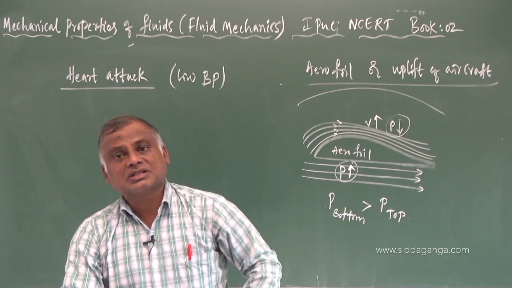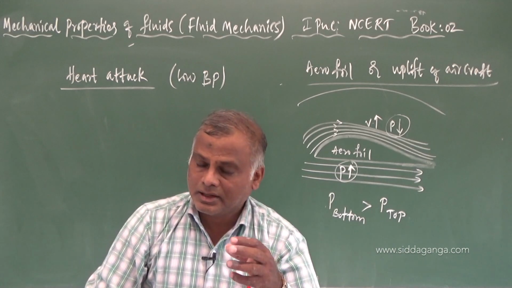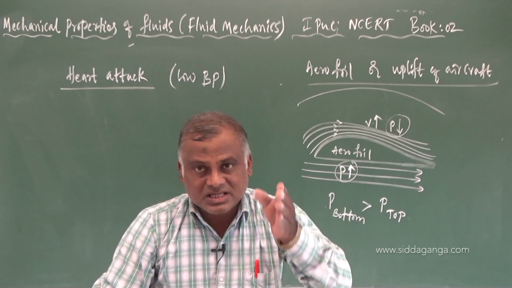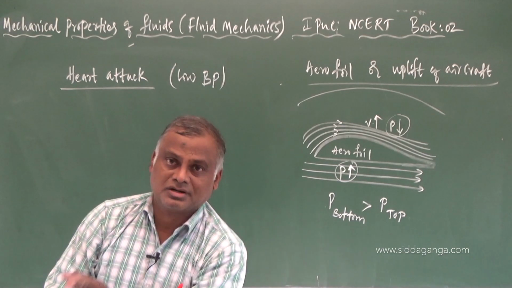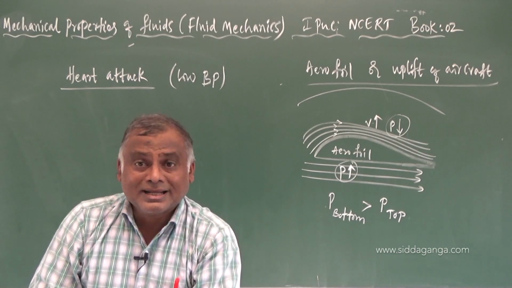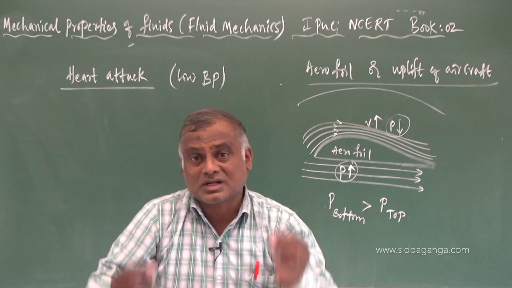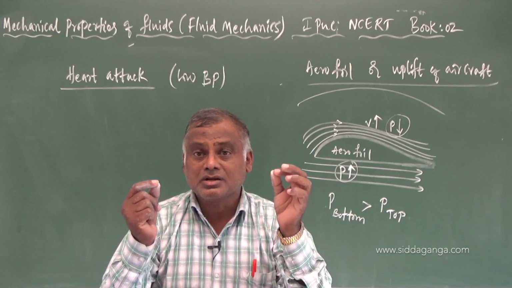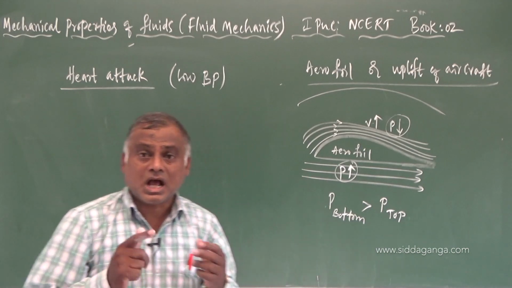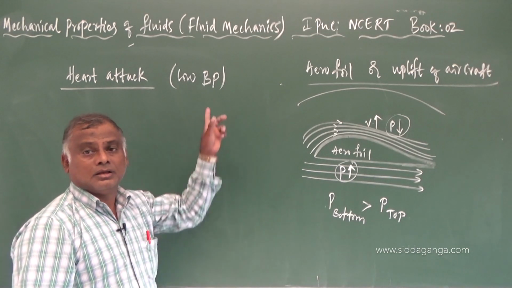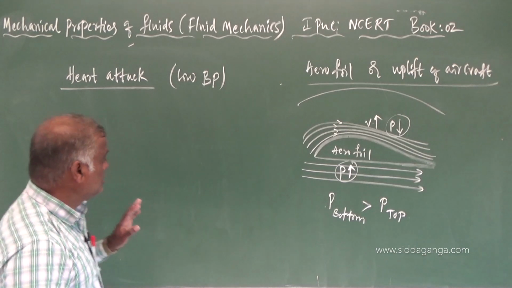Again, this can be understood with the help of Bernoulli's theorem. Again, an increase in velocity reduces the pressure, or an increase in pressure reduces the velocity, vice versa. Taking this into account, let us understand how a person gets a severe heart attack leading to death.